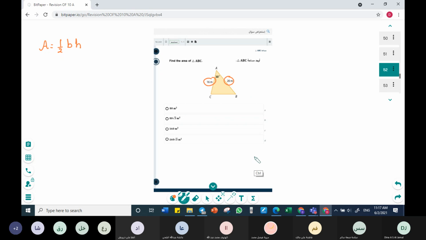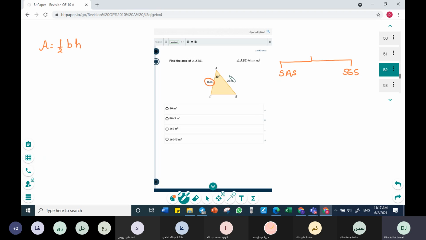So then we will use the law of cosine. Let's discuss the law of cosine and what it will be beneficial for us. We have discussed previously that it is only SAS and SSS.